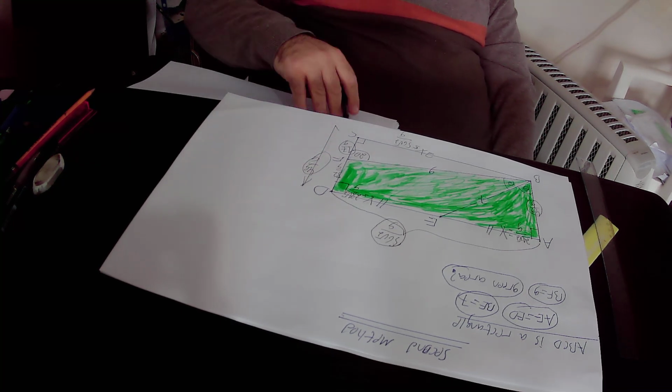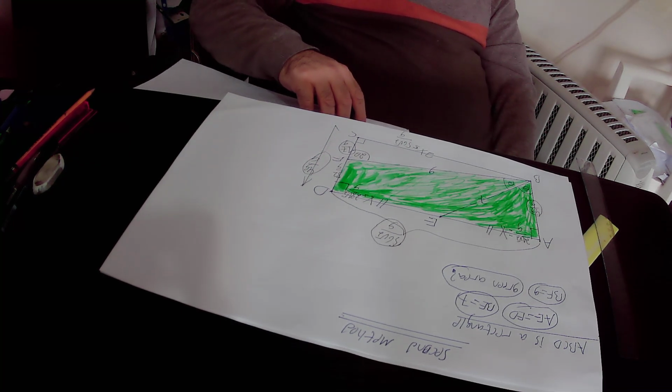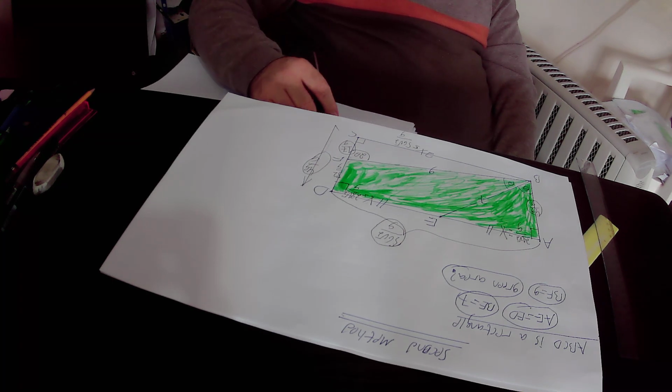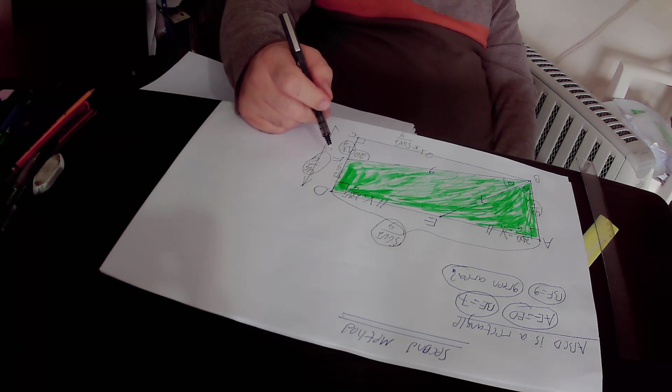So now you can find out the area of the green shape. This is actually the area of a trapezoid ABDF.